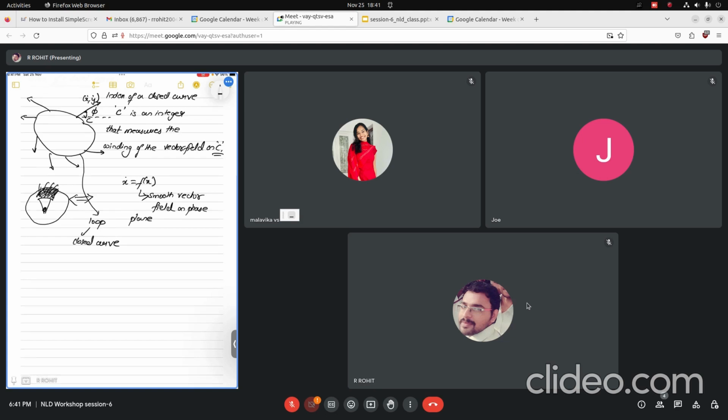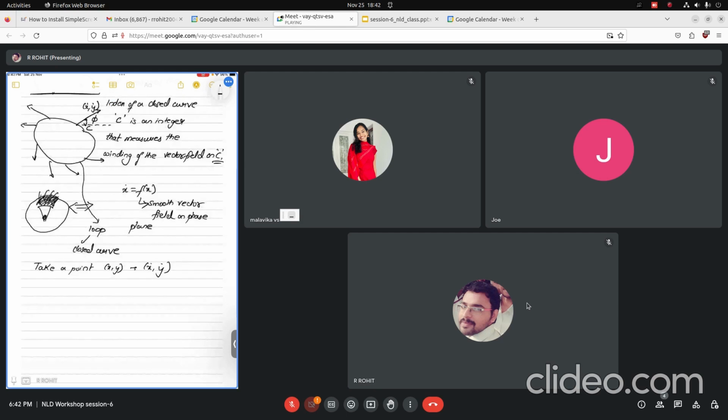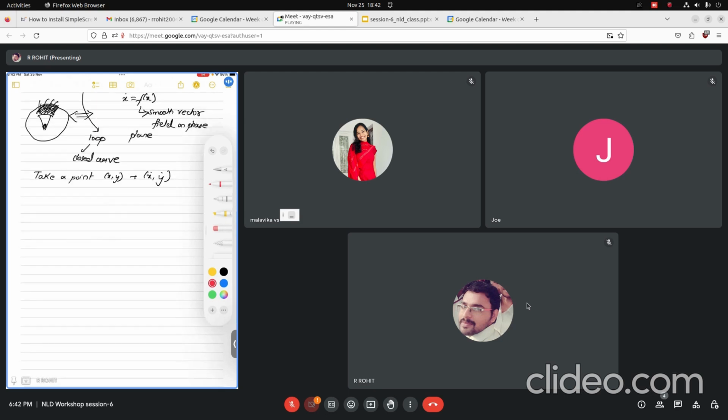Then if you have this, we take a point x comma y, and the corresponding vector field which we have just seen. So if we take this particular vector field at x comma y, I will just draw a zoomed version of it.